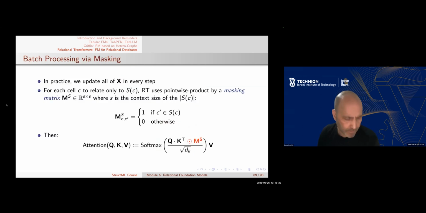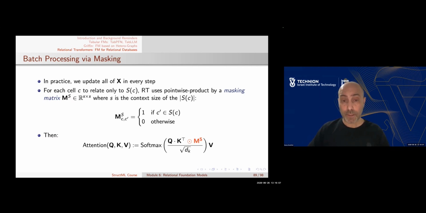Now, just as a practical way of delivering this learning and evaluation of the attention, in the end we do something standard: we attend to all of the cells in the context, but filter them using a masking matrix.